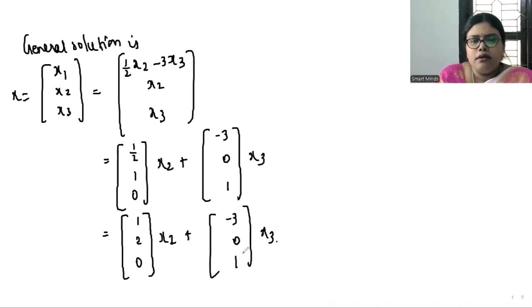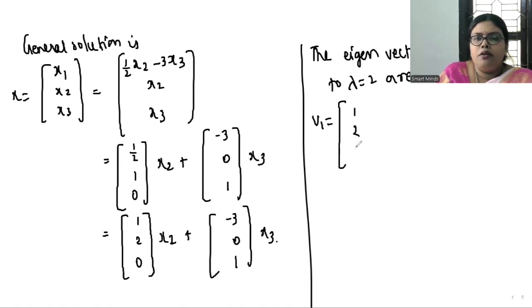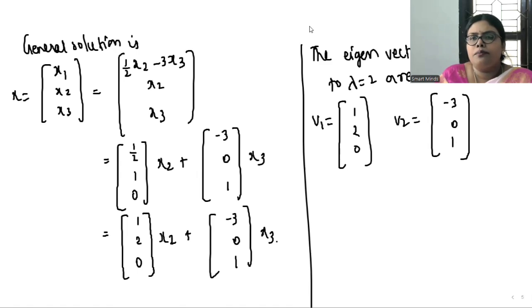So these are the eigenvectors corresponding to lambda is equal to 2. Let us denote them by v1 and v2: v1 is [1, 2, 0] and v2 is [-3, 0, 1]. These are the eigenvectors corresponding to lambda is equal to 2.